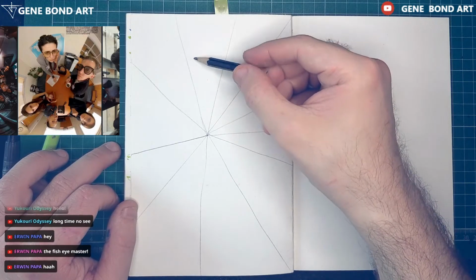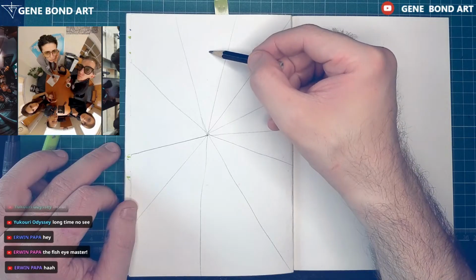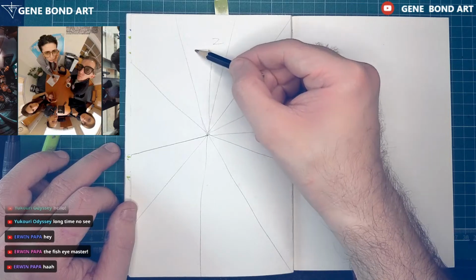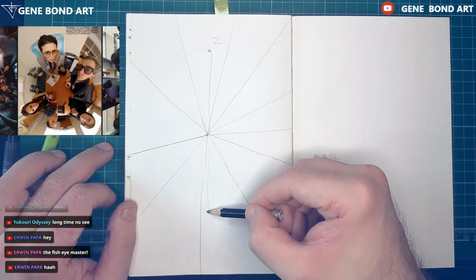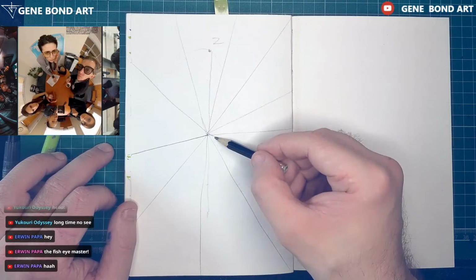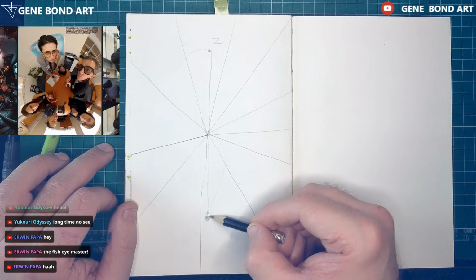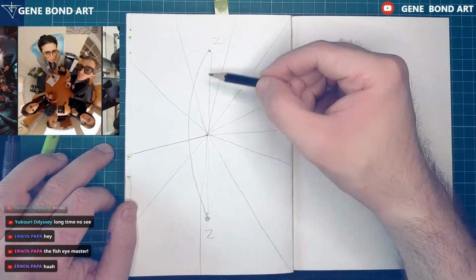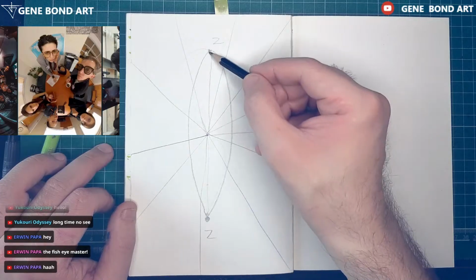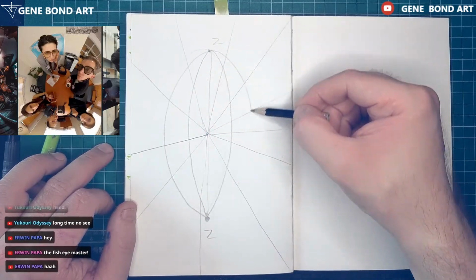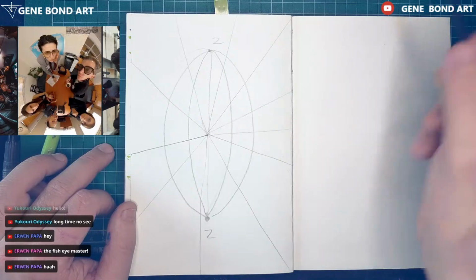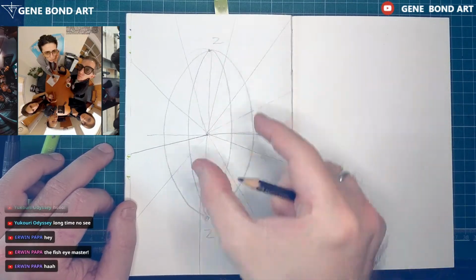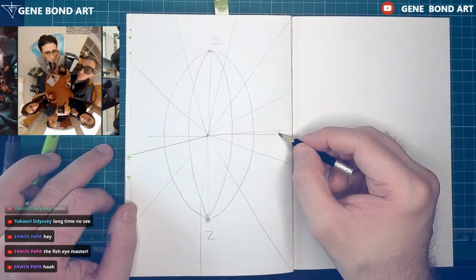And here the Z vanishing point. Like I said, about the same distance will be the second Z vanishing point, then about the same distance here will be the X vanishing point.